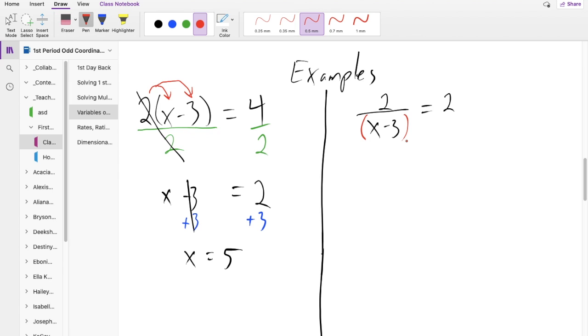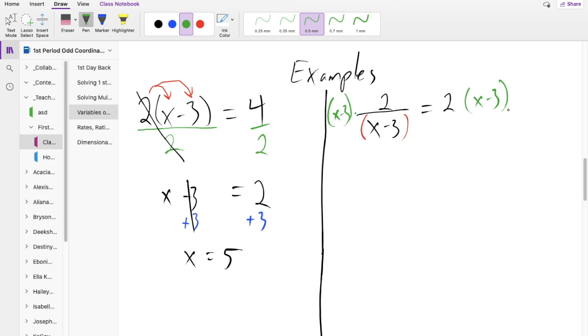So what I'm actually going to do is, since the x minus 3 is being divided on both sides, I'm actually going to multiply by that quantity of x minus 3 on both sides. So I'm going to multiply both sides by this x minus 3. Since x minus 3 divided by x minus 3 is the exact same thing, no matter what number you imagine plugging in for x, it's going to be the same number over the same number.